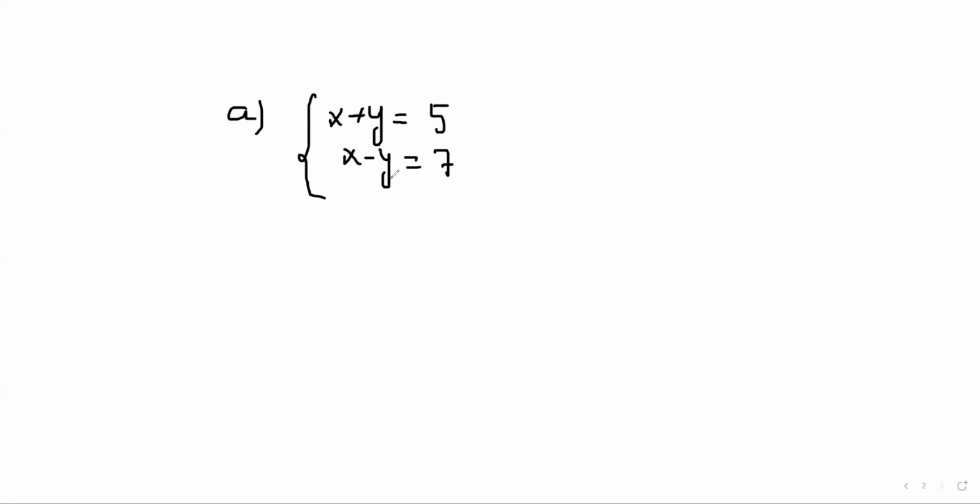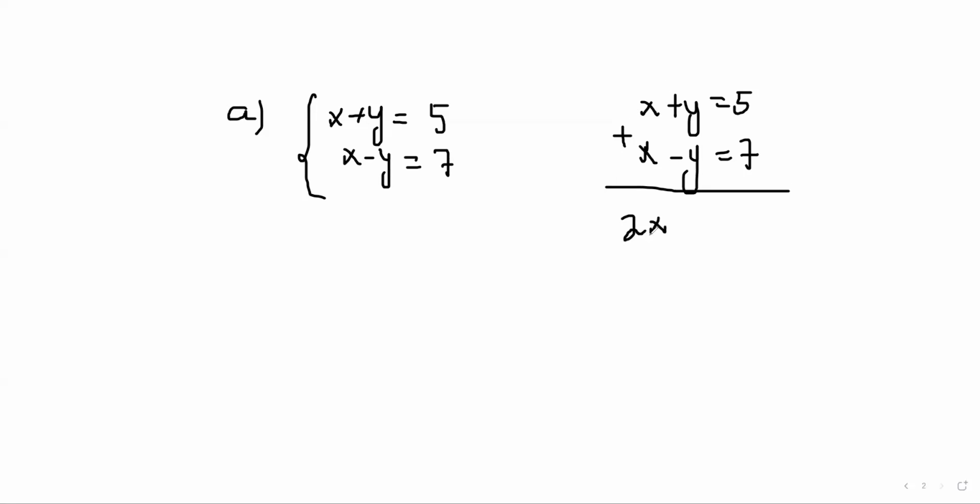If we add the two equations side by side, the y's cancel. We have x plus x, which is 2x, and 5 plus 7, which is 12. So 2x equals 12, and x equals 6.